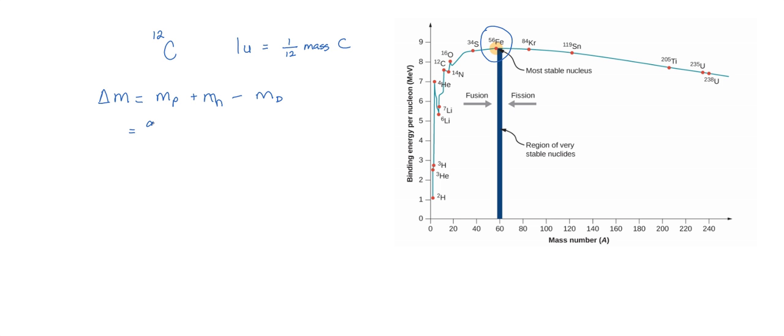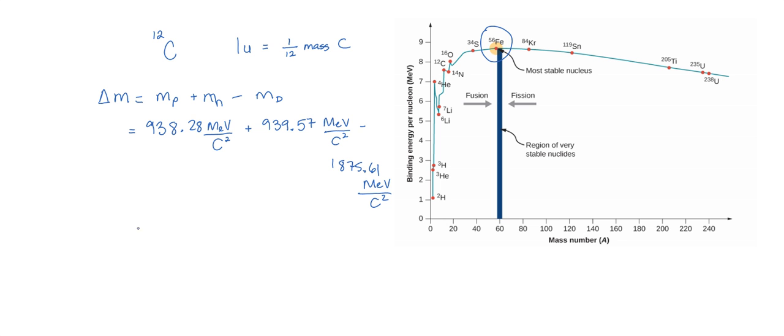So I'm going to put this in the mega electron volt per c squared unit, 938.28 mega electron volts per c squared. This is the mass of the proton plus the mass of the neutron, which is slightly different. And I'm going to subtract out the deuteron mass, which I told before was 1875.61 mega electron volts per c squared.